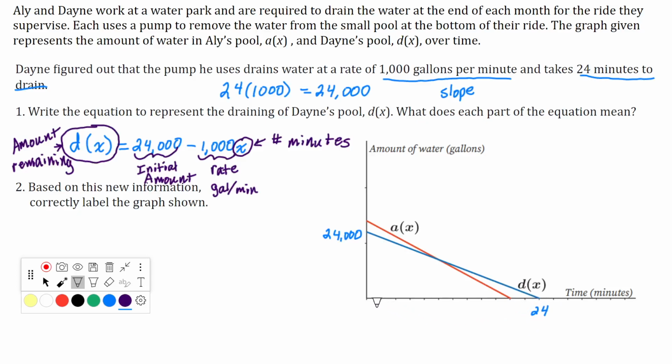Divide the 24 by 12, and that tells me that every mark is 2 minutes. So we can label this 2, 4, 6, 8, 10, 12, 14, 16, 18, 20, 22. And we have labeled our graph as well as we can.